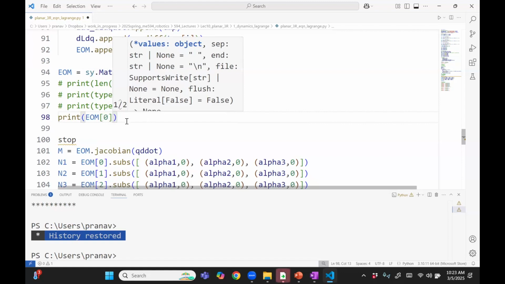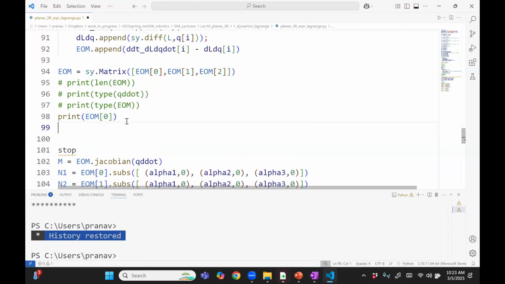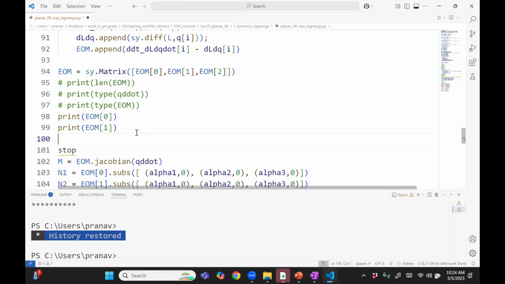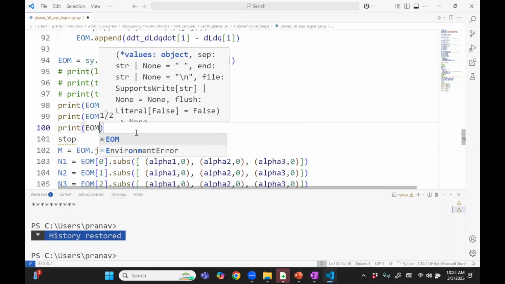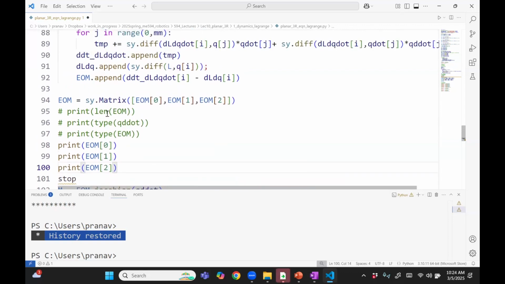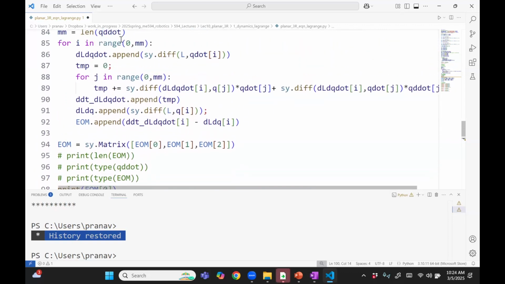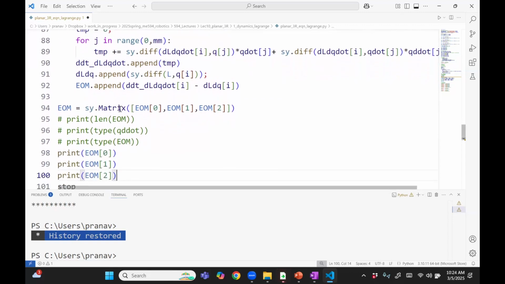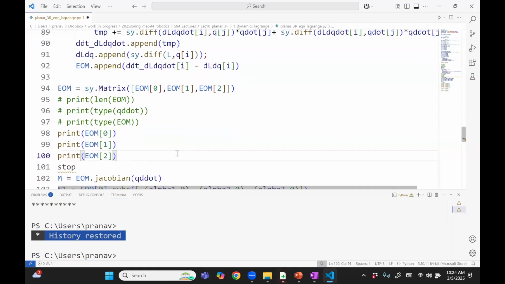So this is going to be the first equation, second equation, and third equation, right? It comes from here. I just appended it. The first equation was derived and I put it in EOM. I took the second one, third one. This thing actually just converts into a matrix. It has not much consequence. I just wanted a matrix because then I can do more calculations on this.